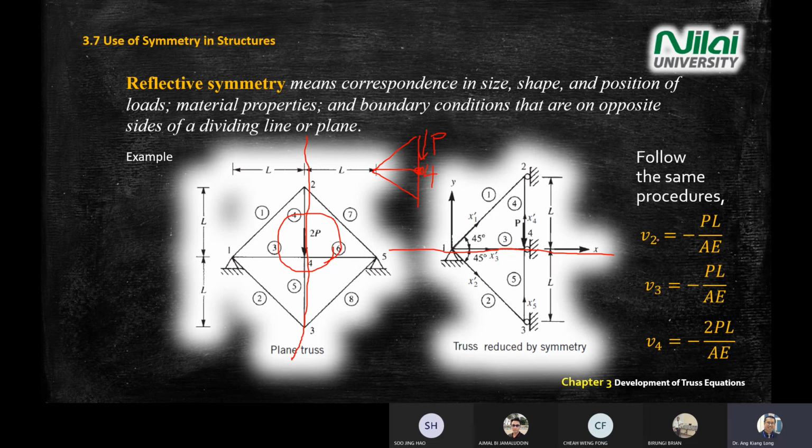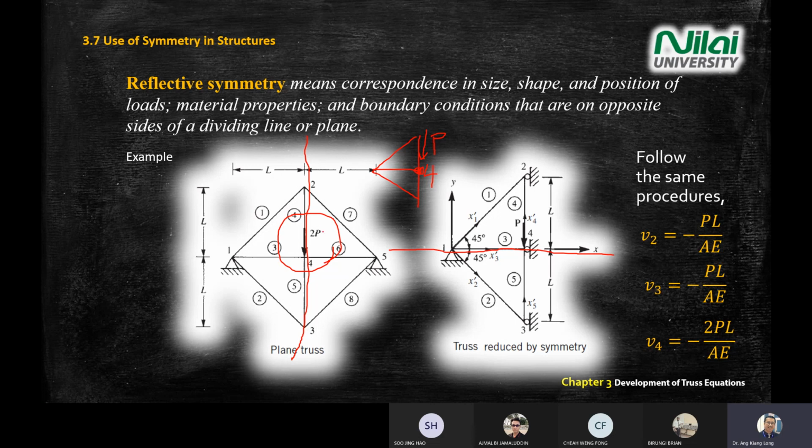If you try to find the answer, you will find that the displacements at points 2, 3, and 4 will equal this one. You can prove it by solving using the method we learned in this chapter. It will be the same, only you can cut in half. Be careful only with the loading.